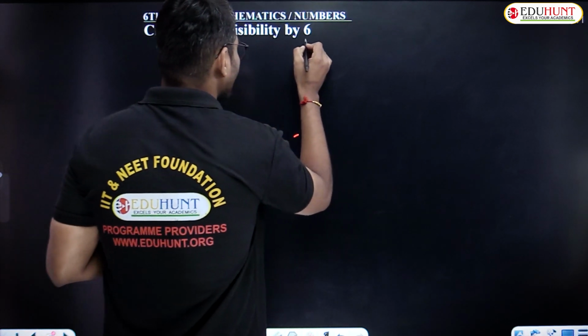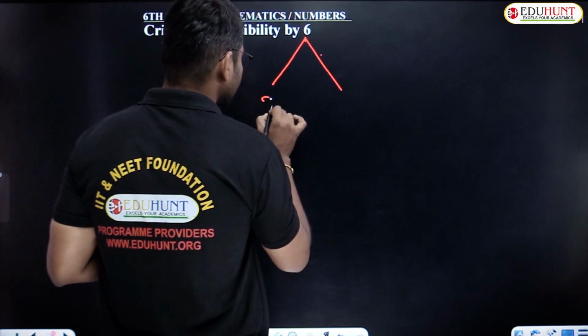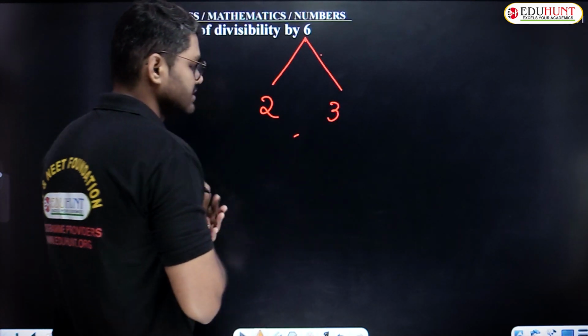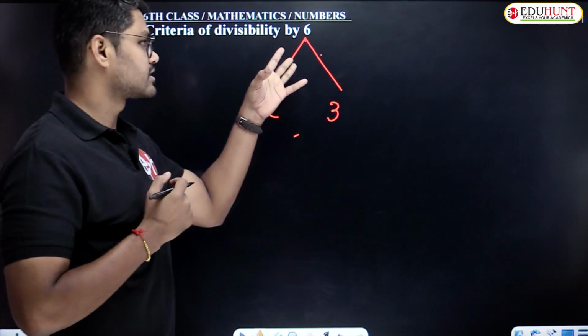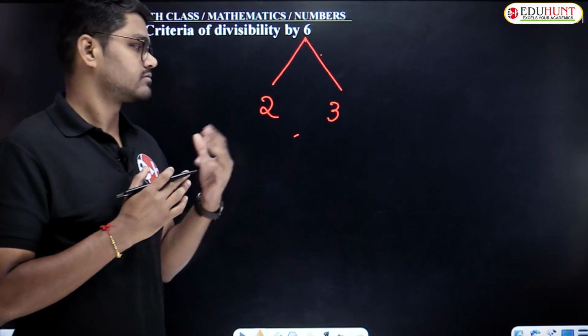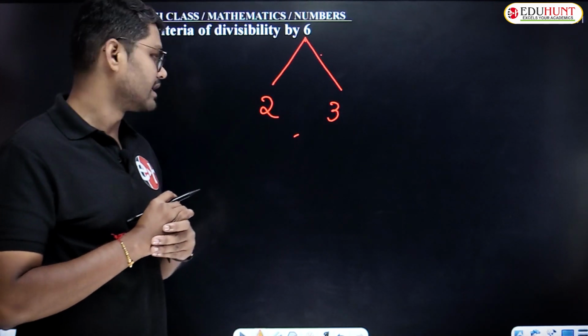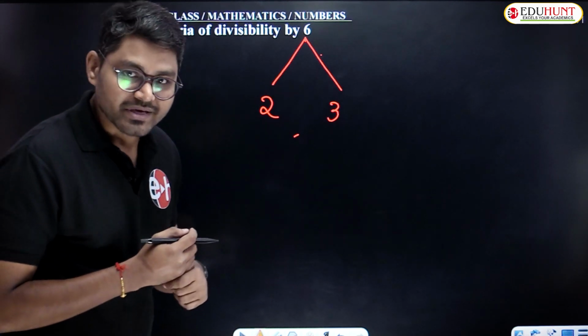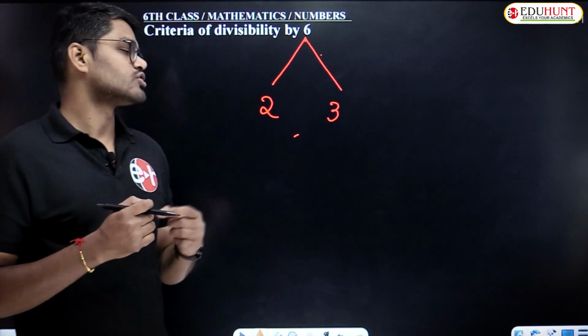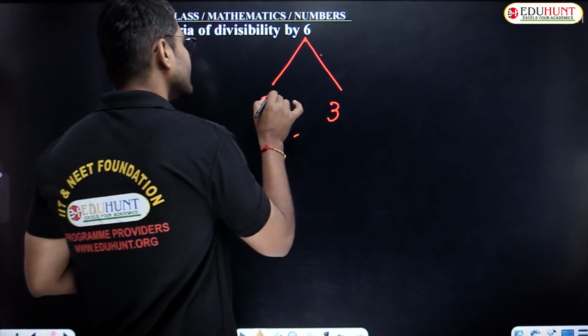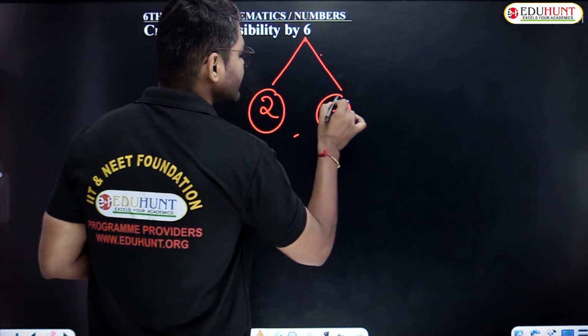So, what are the factors of 6? 2, 3. Factors of 6 are nothing but 2 and 3. That means the given number should be divisible by 2 and 3.